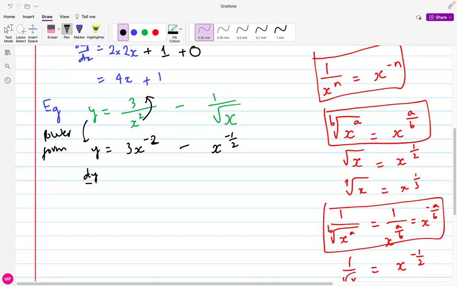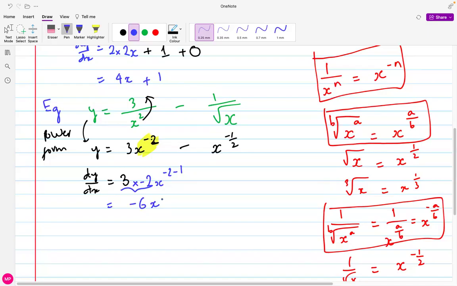So dy over dx. 3 is a coefficient, keep the 3, and then use the formula to derive x to the power of negative 2, which is we bring n down, so 3 times negative 2, x to the power of, we take 1 off the power, so negative 2, take 1. 3 times negative 2 is negative 6.